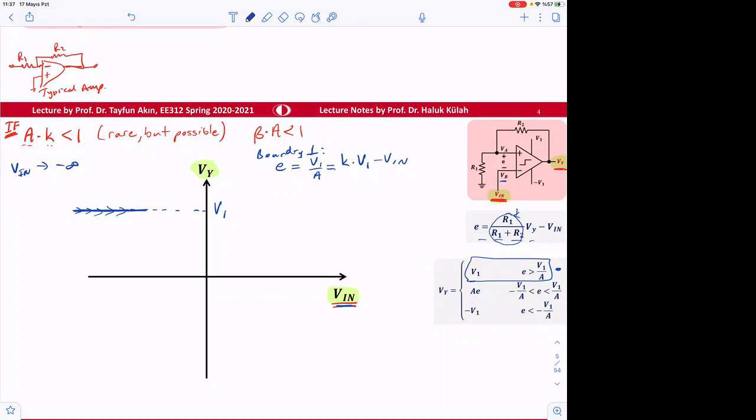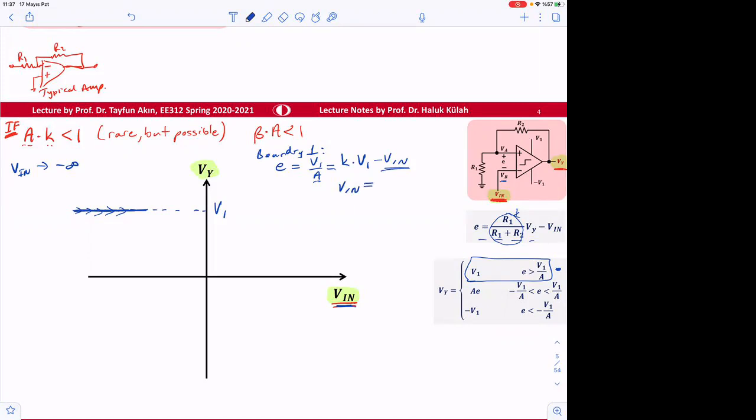When Vin starts increasing, the signal will reach this value, and therefore E changes its value. So which value of Vin, we can find by leaving Vin alone.